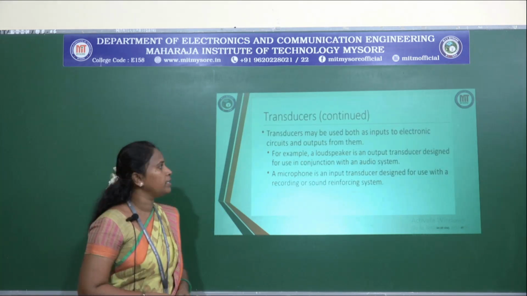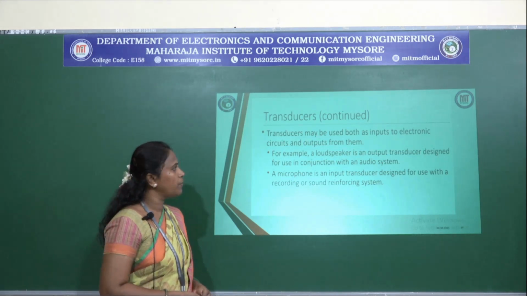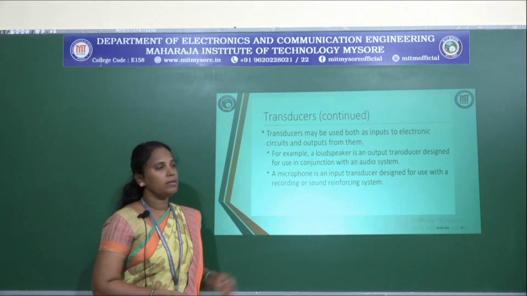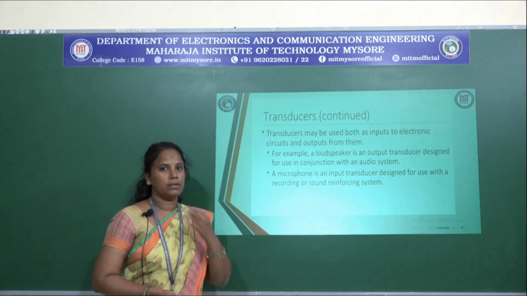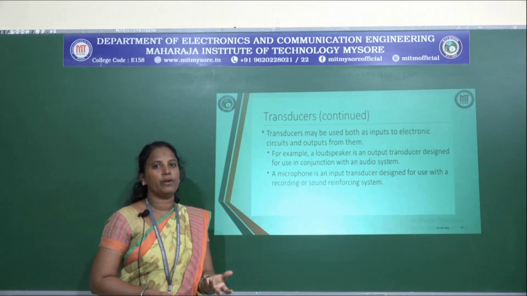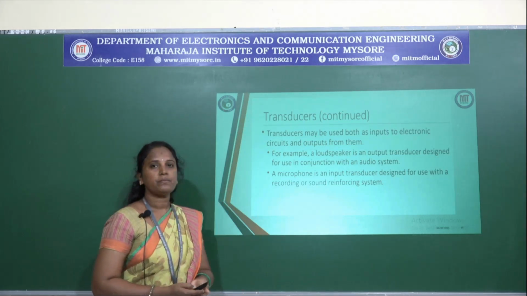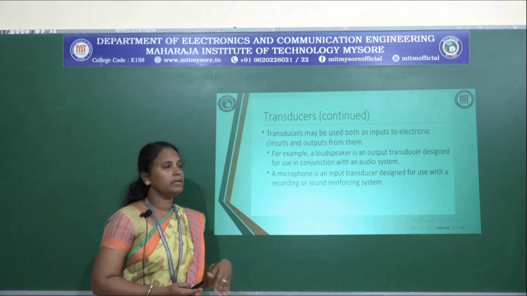Transducers can be used as inputs to electronic circuits, and also we can receive the outputs from them. For example, your loudspeaker is an output transducer designed with respect to an audio system, because when you speak, your loudspeaker is the one which is going to amplify your signal. So your transducer need not be only an input, it can also be an output.